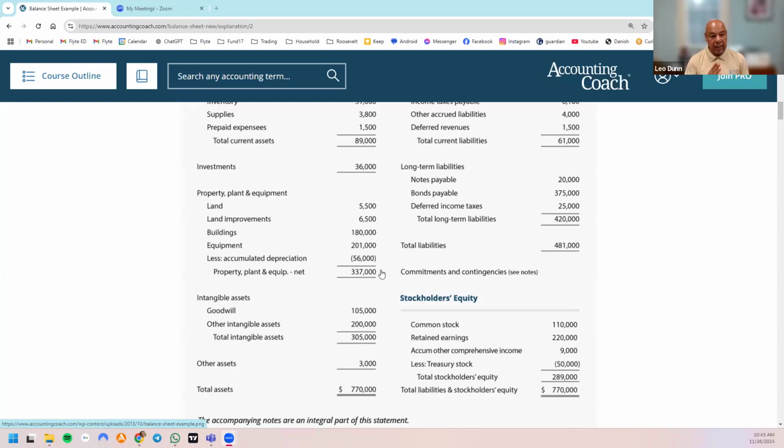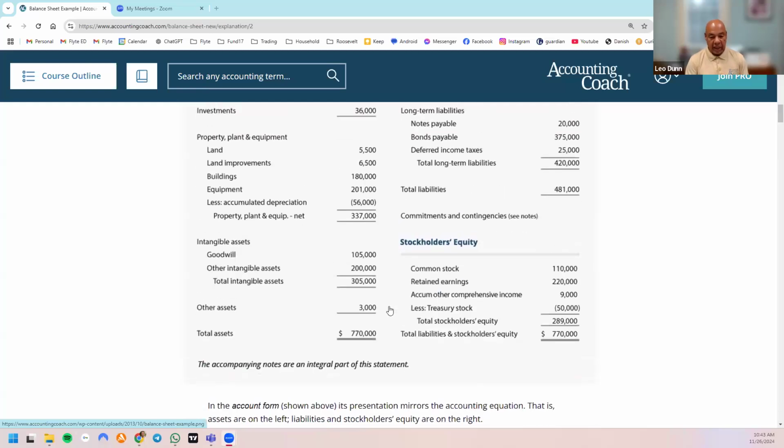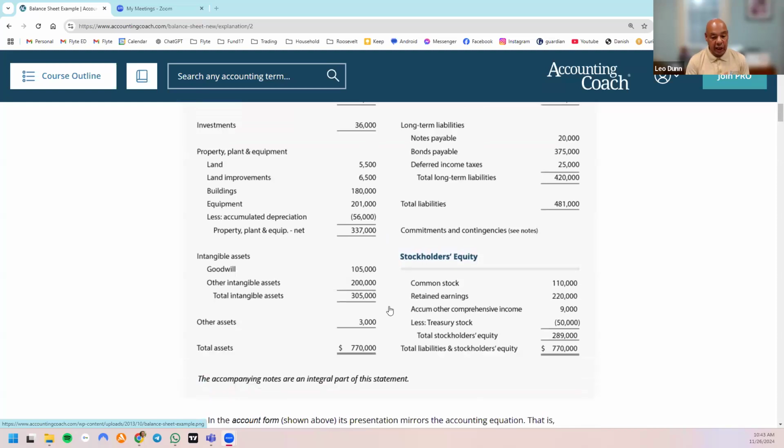$289,000. There is a basic formula in accounting that says that assets equal liabilities plus equity. So in any given situation, when you add your liabilities and your equity, they should equal your total assets. That's the reason it's called a balance sheet.